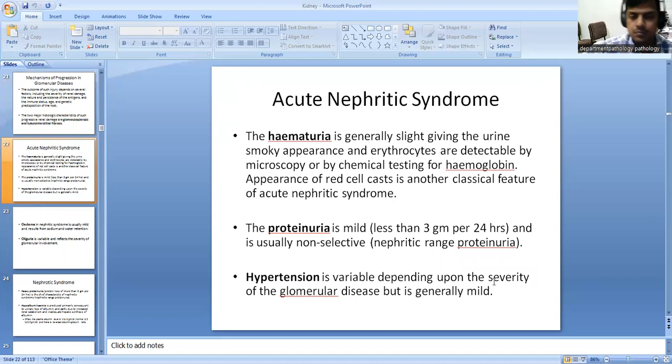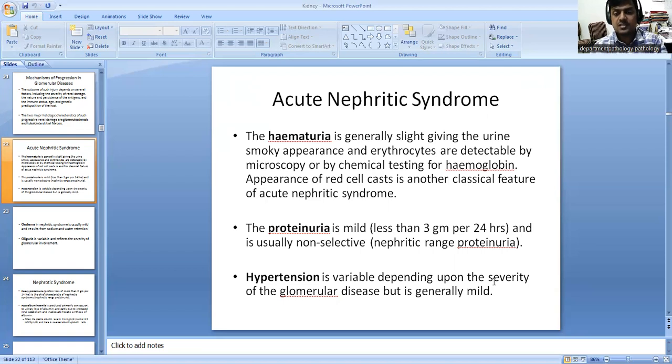Acute nephritic syndrome. The hematuria is generally slight, giving the urine a smoky appearance, and erythrocytes are detectable by microscopy or by chemical testing for hemoglobin. Appearance of red cell casts is another classical feature of acute nephritic syndrome.